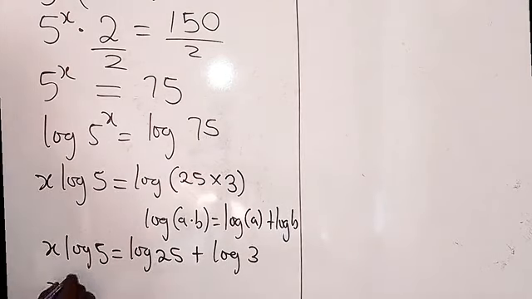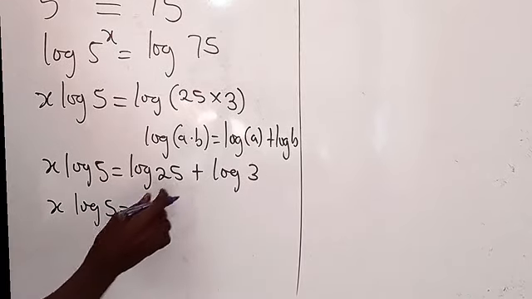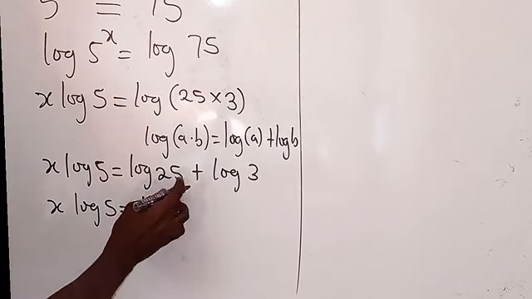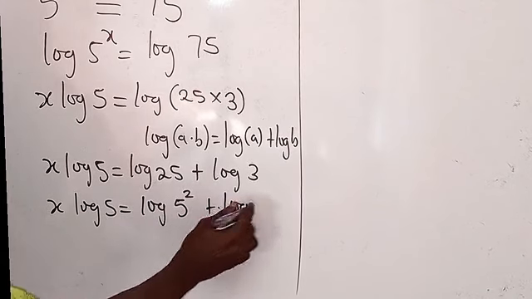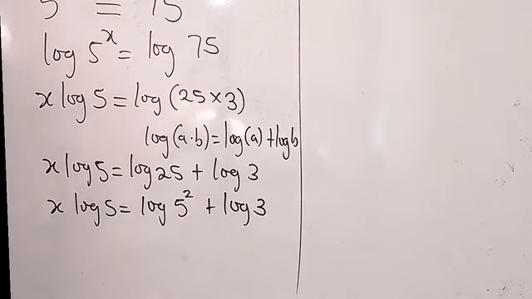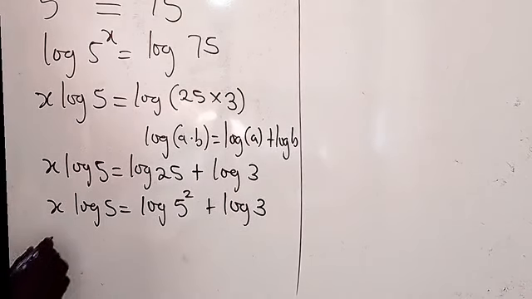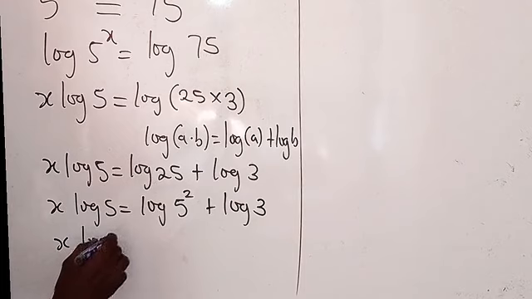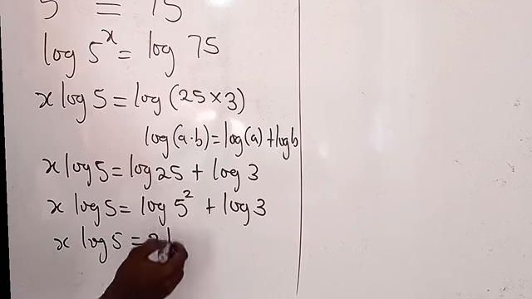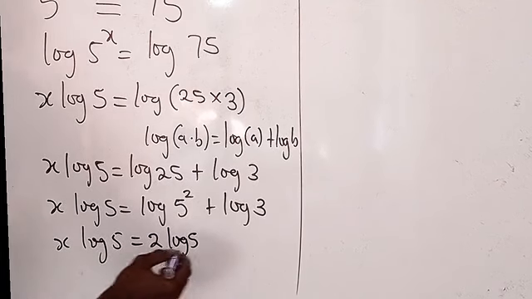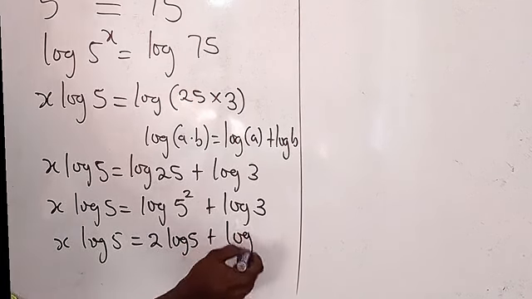We have x log 5 equals, now we can rewrite log 25 as log of 5 to the power of 2, plus log 3. Are you following? So from there, we can see that we have x log 5 equals 2 log 5 plus log 3.